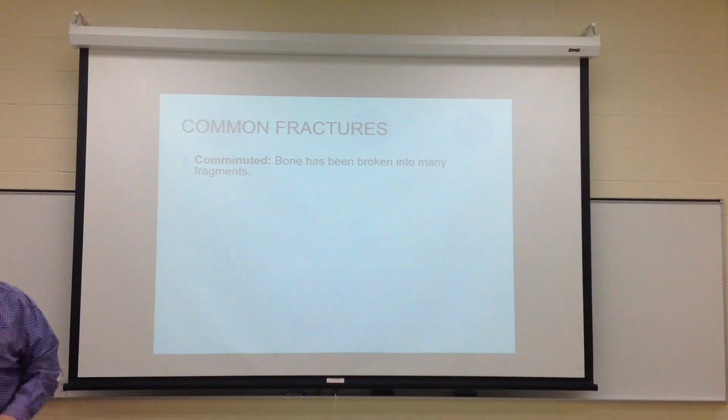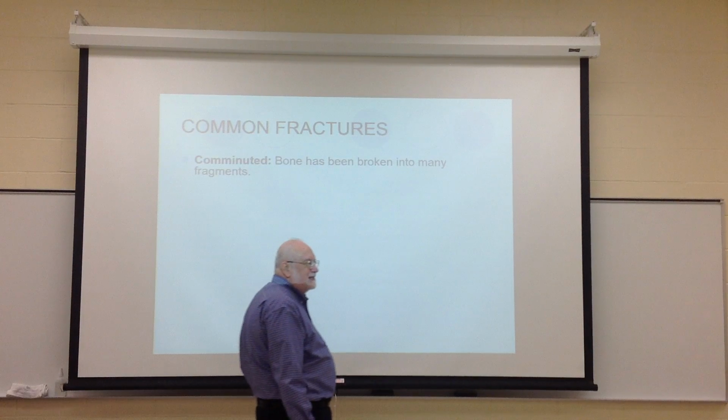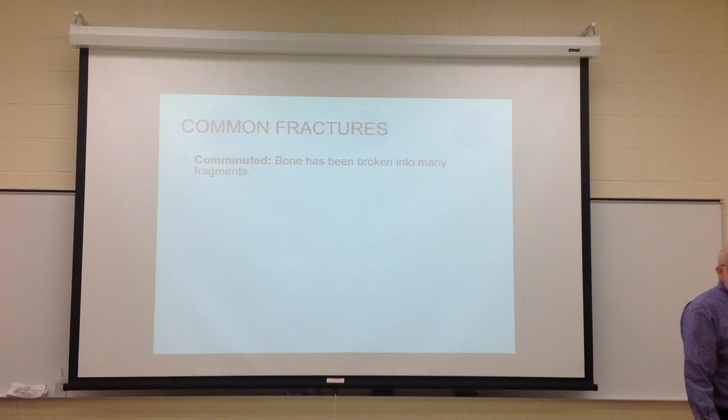Gather up the pieces, screw them back together, or put plates in place that will more or less put them back into the shape of the bone. Otherwise, you get a very distorted bone when it heals. Pretty bad. We don't want any of these, really.